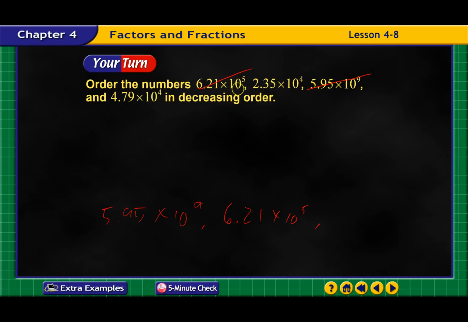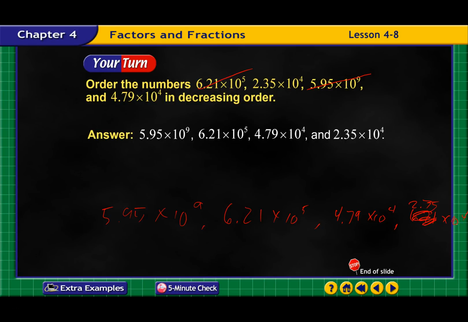This one's a smaller factor. This one's got a bigger factor. So this one's going next. 4.79 times 10 to the 4th. And then 2.35 times 10 to the 4th. There we go. See you in class.